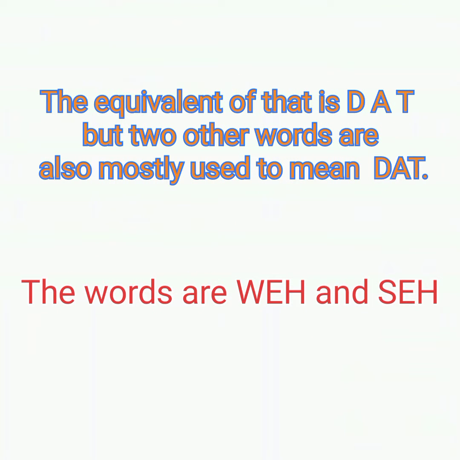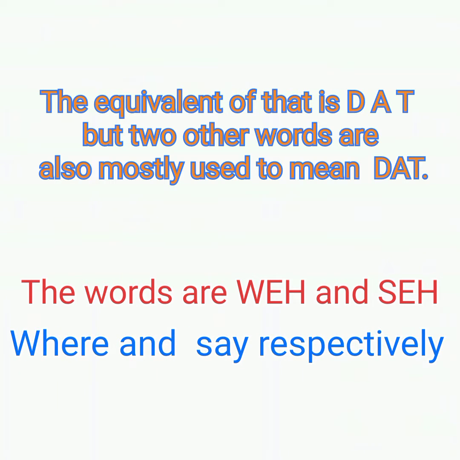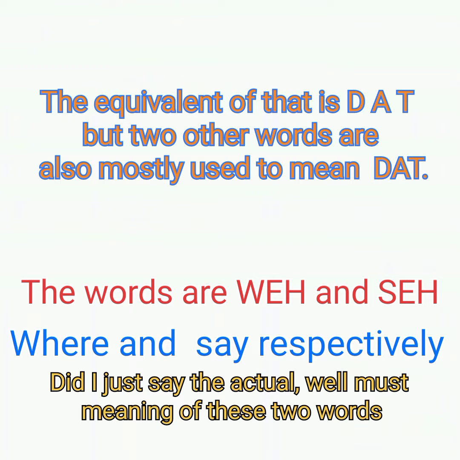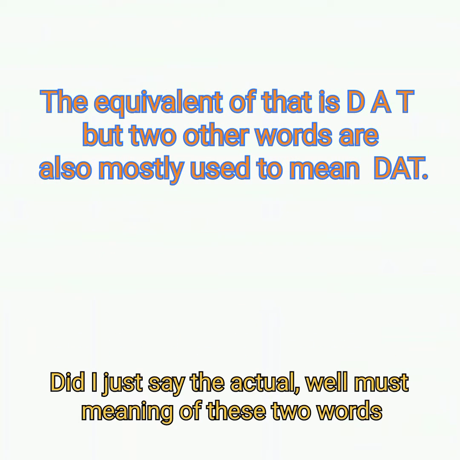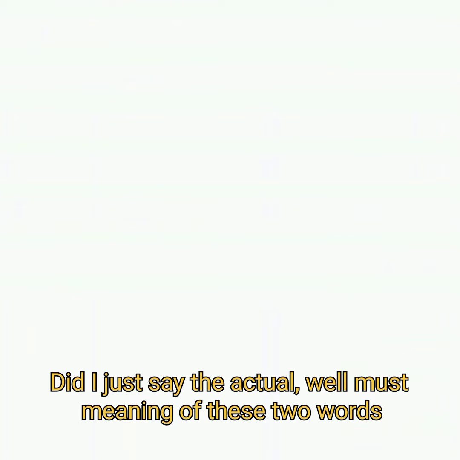The words are we and se. The actual meaning of these two words is where and say respectively. But did I just say the actual? Well, that's the most common meaning of these two words. I'm just trying to say they have multiple meanings.